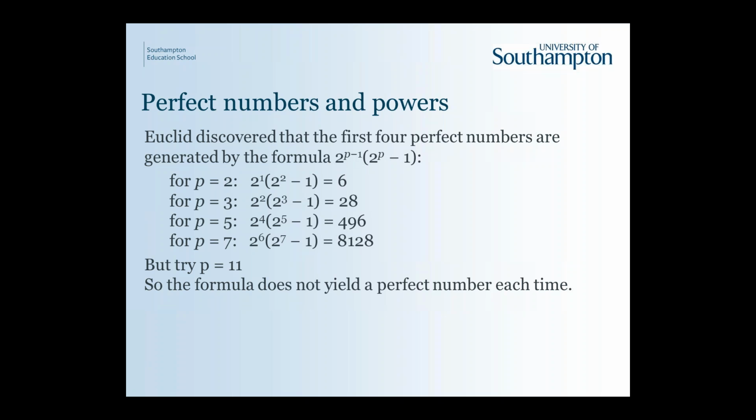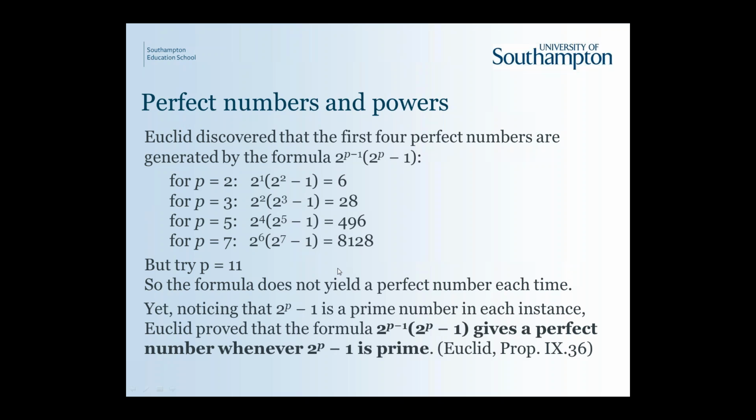It's 2,096,128. But if I add those factors together, there is no way that I'm getting the same thing, because I'm not getting a number nearly big enough. So unfortunately it didn't yield a perfect number every time.